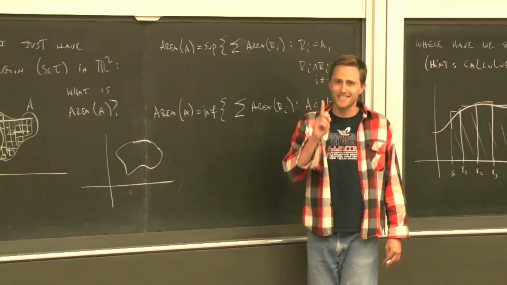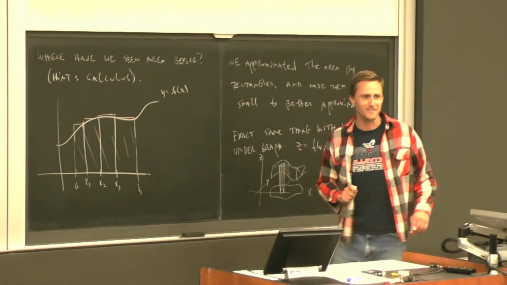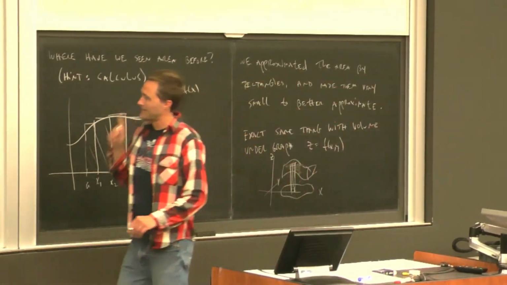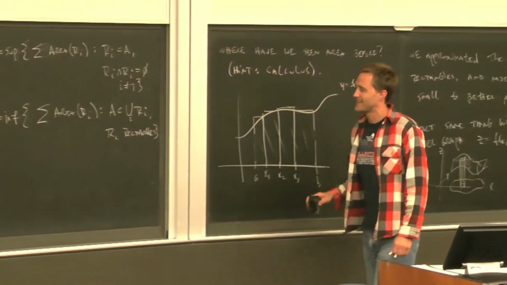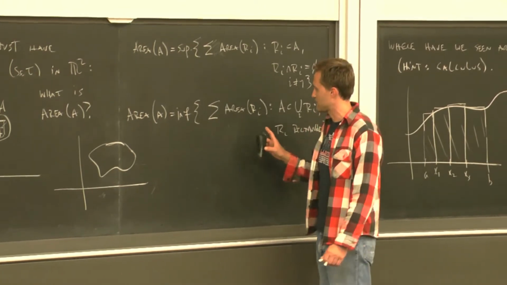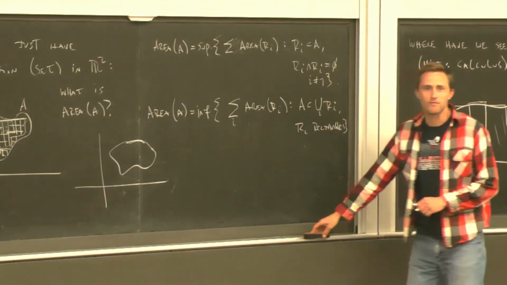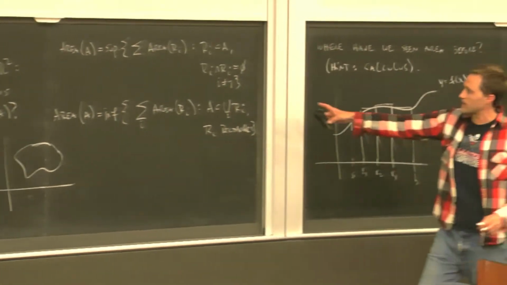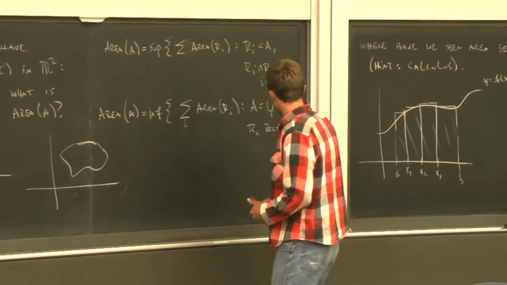That's fair. That's possible, but that's another can of worms. You can sum up an uncountable number of numbers, but you've got to figure out a way to do it, and that's a little bit more complicated. So here we're taking the sum, and we can even take countable covers. It could have been countable here too.